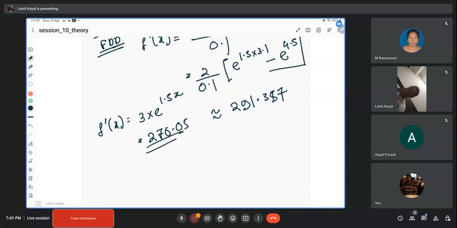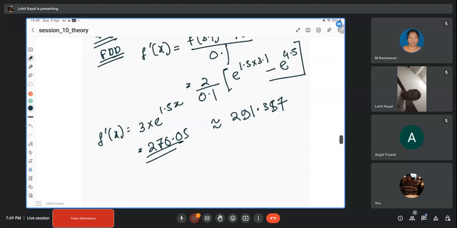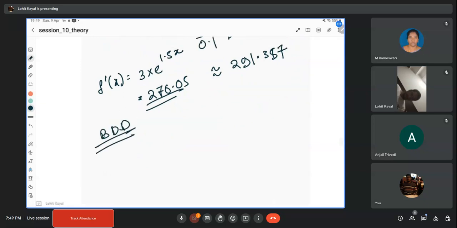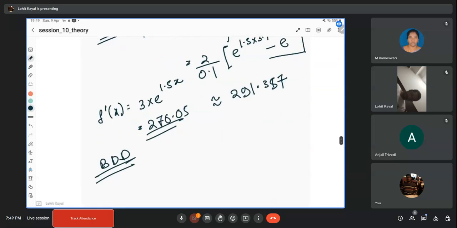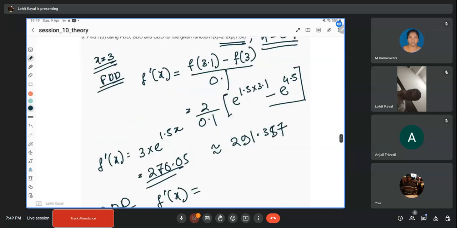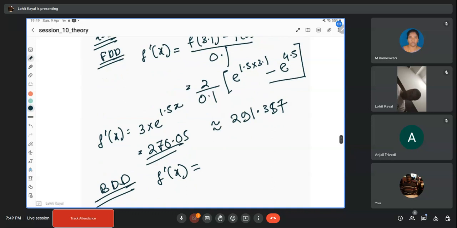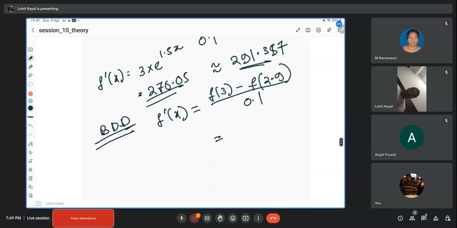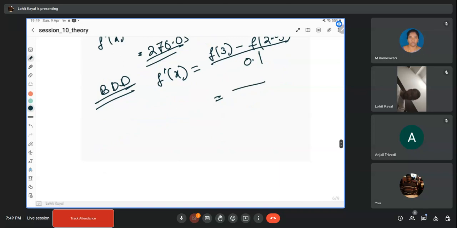This is the analytical value. Now you can do the BDD in a similar way. Here I am just writing the expression. Just calculate it. You will find that the difference is large, like here the difference is almost 21. It will be f of 3 minus f of 2.9 by 0.1. So kindly calculate the value here.